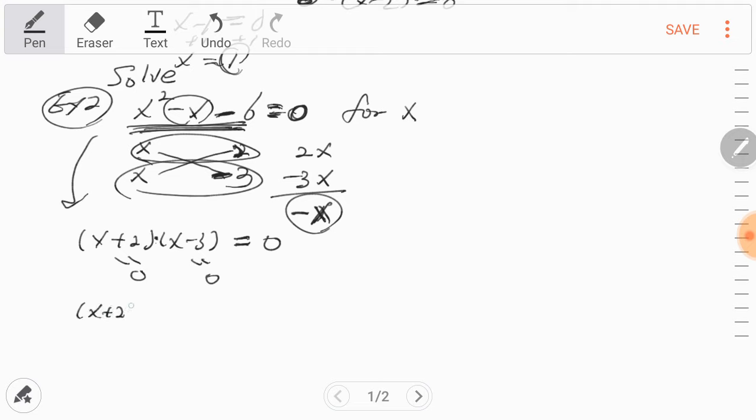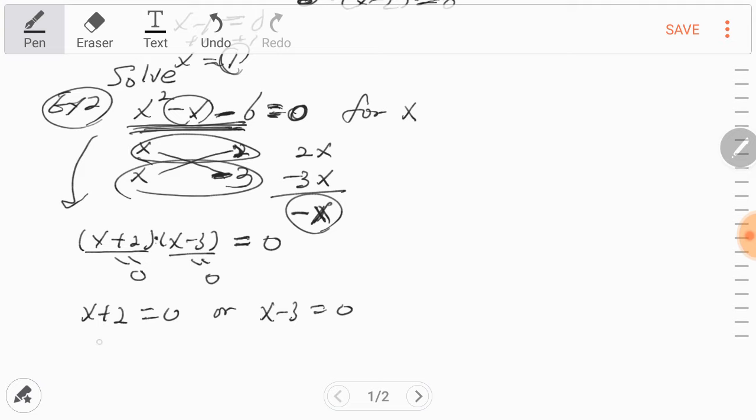So let's set the first factor equal to 0, x plus 2 equals 0, or x minus 3 is equal to 0. Whether this factor is 0 or this factor is 0, the equation becomes 0.